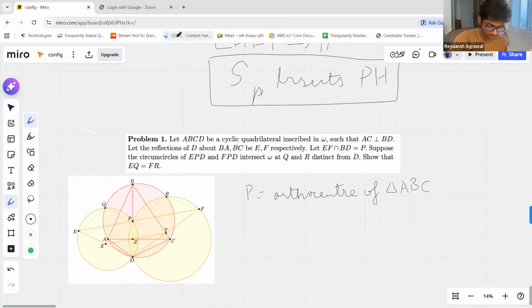Can we say something about circle DPE with respect to line AB? In fact, how does line AB relate to the segment DE? Why does AB bisect PQ?